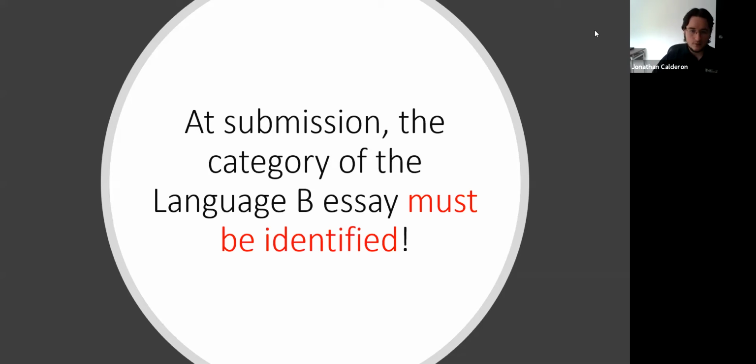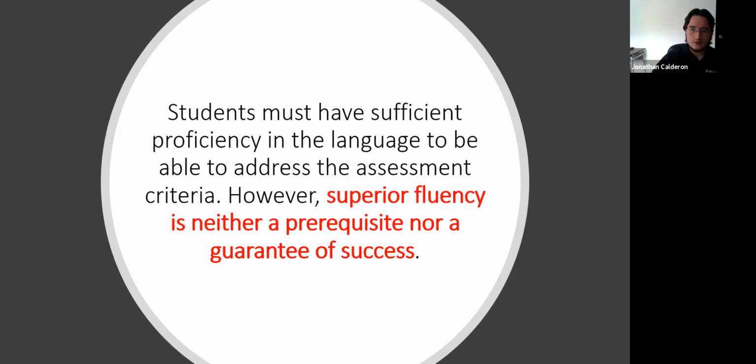And also, one of the biggest things that some students, or I have had issues with is the following. Students must have sufficient proficiency in the language to be able to address the assessment criteria. However, superior fluency is neither a prerequisite nor a guarantee of success. What does this mean? Only because your student is 100% proficient and probably even more proficient than we are, okay, doesn't mean that he or she is going to get a good grade.